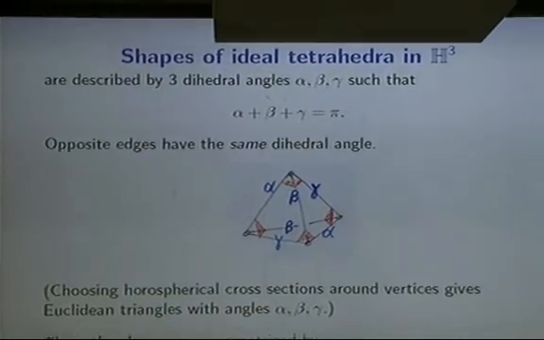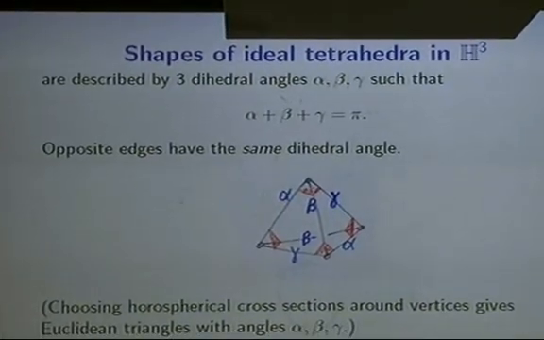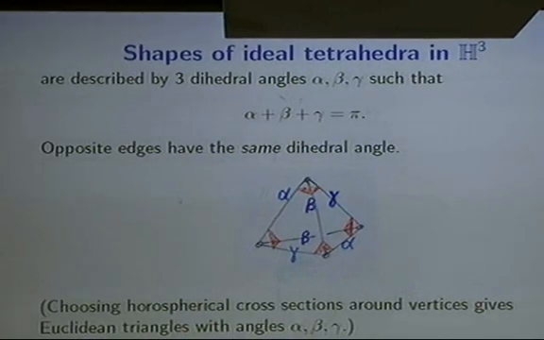First of all, we've seen how to parameterize shapes of ideal tetrahedra in H3. One way is to use the complex edge parameters that we've been talking about the last few days. Another way is just to keep track of the three dihedral angles along the edges. Each of those complex parameters corresponds to one dihedral angle: if you take the argument of the complex number, that gives you the dihedral angle.